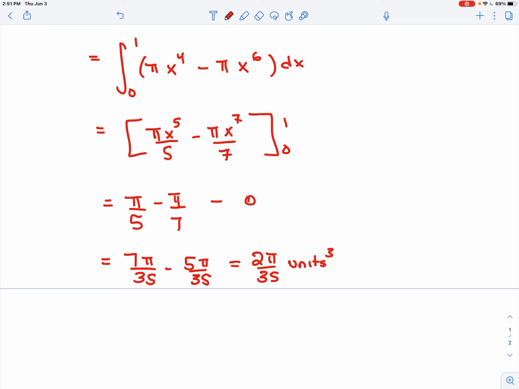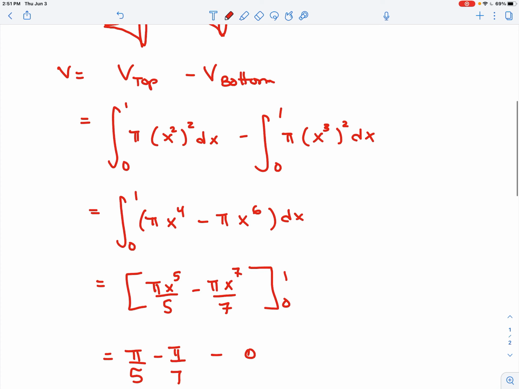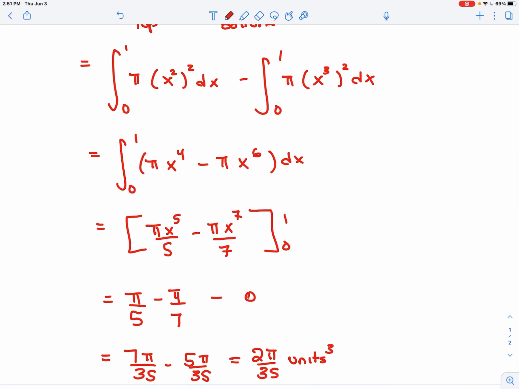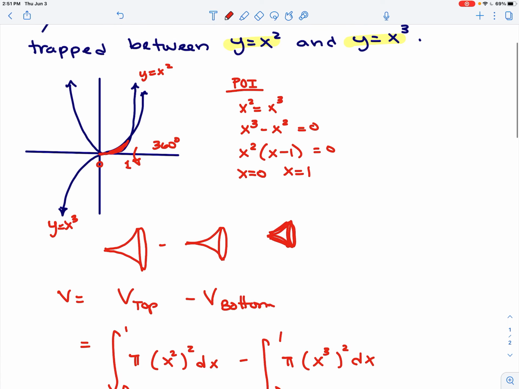Because I got a positive answer, I know that I picked the right graph on top. If I got a negative answer, I could just take the absolute value, because I had picked the wrong graph for the top volume. Okay.